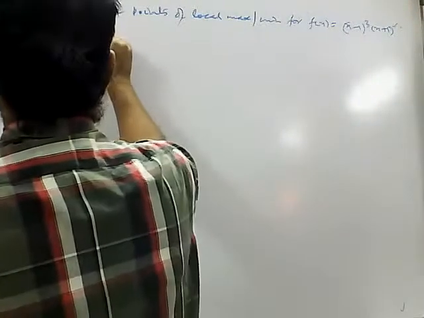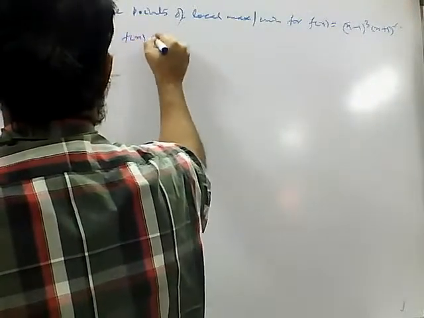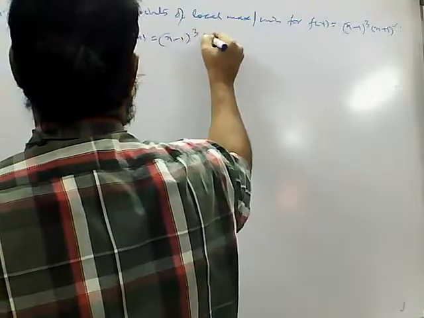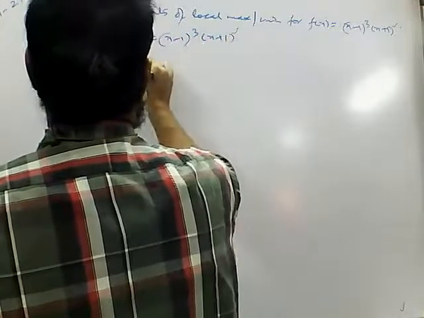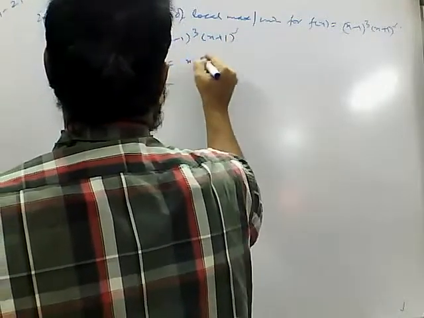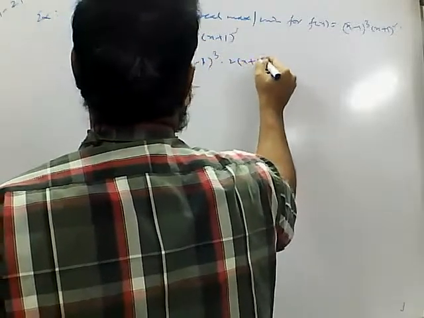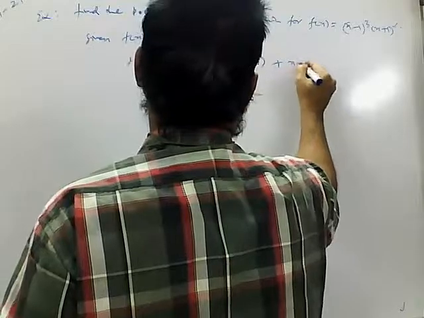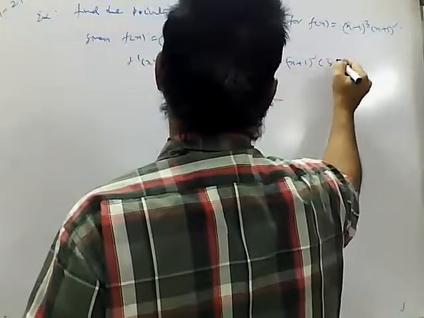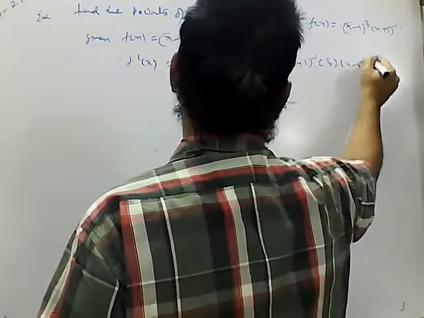Given f of x, f dash x is equal to x minus 1 whole cube into 2 into x plus 1 plus x plus 1 whole square into 3 into x minus 1 whole square.